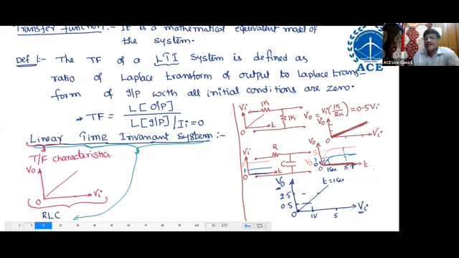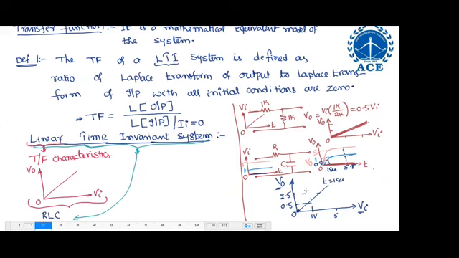At the same 1 second, if the input is 5, it will become 5 times increased, that means 2.5. Because in a linear system, input double means output double. Input 5 times increase, output 5 times increase. If I assume for 1 volt the output is 0.5, then if the input is 5 volts, the output is compulsorily 2.5 volts only. Okay, sir. Okay? Yes, understood.